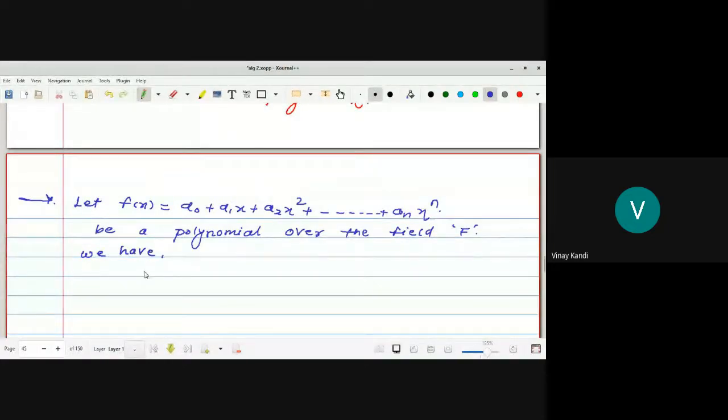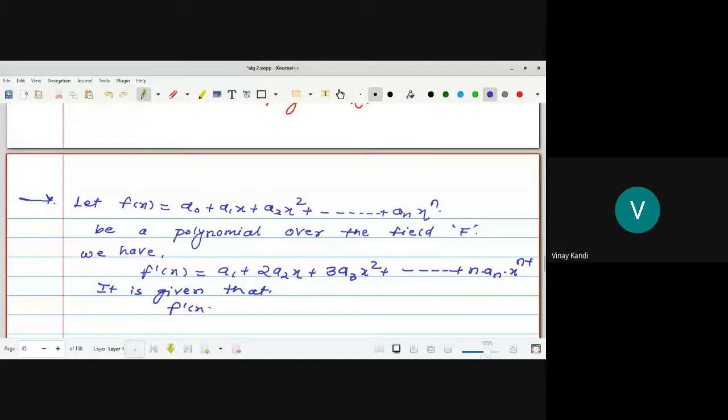So the f dash of x is a1 plus 2a2x plus 3a3x square plus up to n into an into x raised to n minus 1. But it is given that f dash of x is equal to 0, that is, the 0 polynomial.